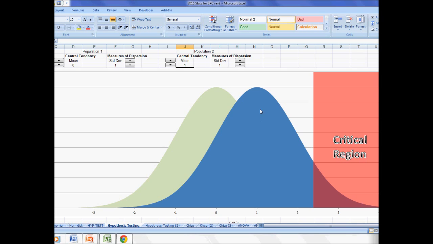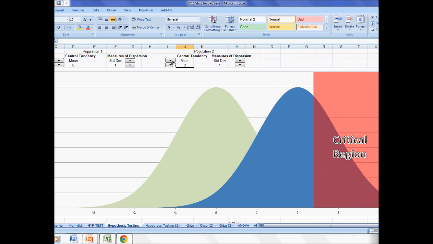So in this case, it looks at the mean of the blue distribution, and if it falls outside of the critical region, and if you recall from the normal distribution when we found the area under the curve, so for example this right tail here in the red might represent the 5% of that distribution, 5% probability. So with 95% probability you can say that right now these two distributions are not different because the mean does not fall in that 5% range, or the critical region is what I call it.